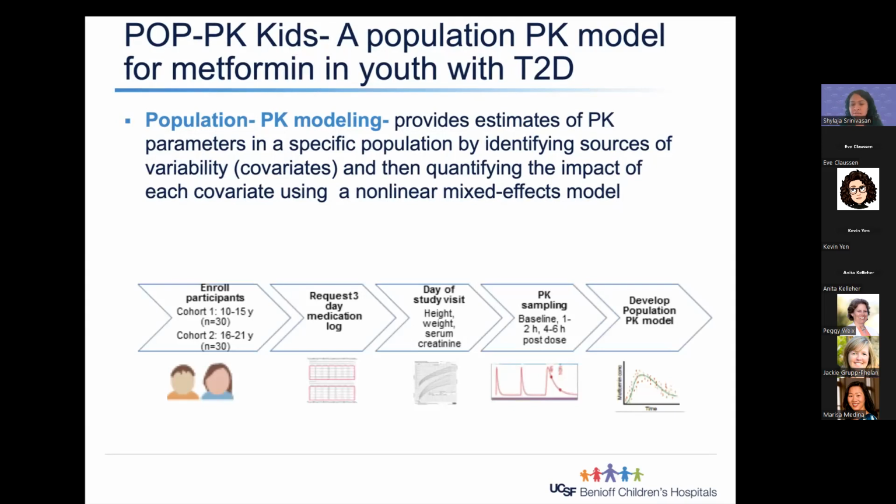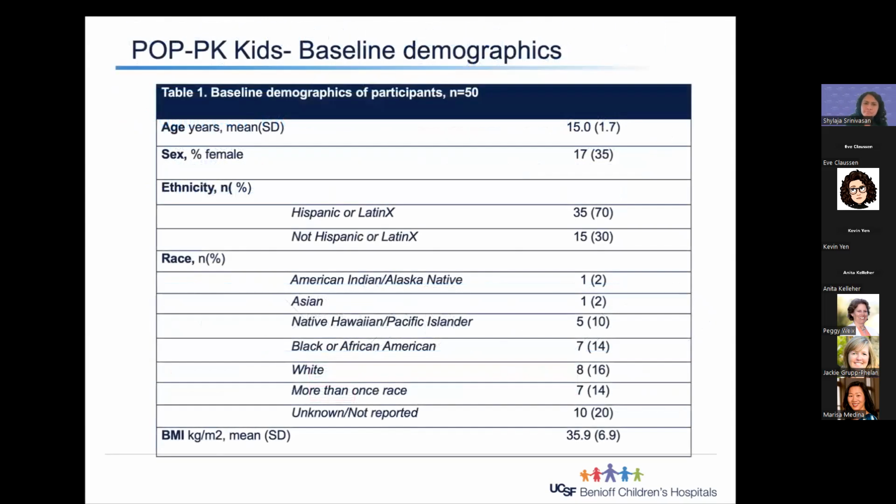On the day of the study visit, there are 2 ways in which the study visit happens, either through the Pediatric Clinical Research Center at UCSF or through home visits. They have their height, weight, and serum creatinine measured. We do sparse PK sampling, so 3 time points: baseline, 1 to 2 hours, and then 4 to 6 hours post-dose, and then use that data to develop the population PK model.